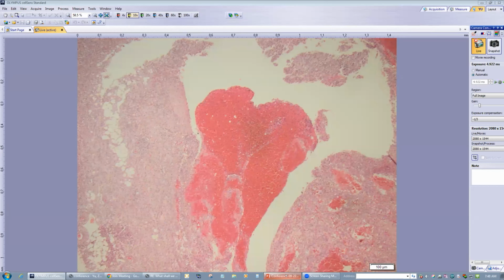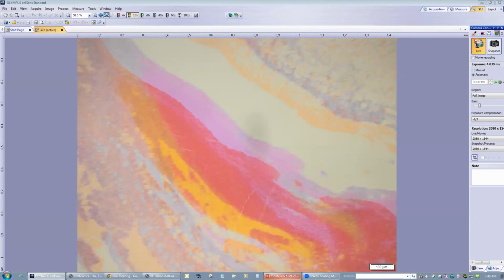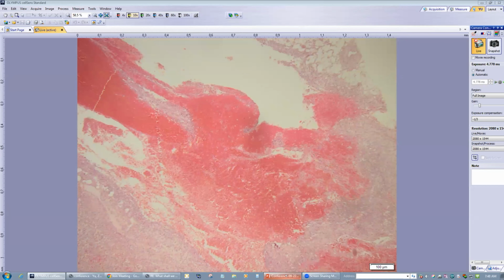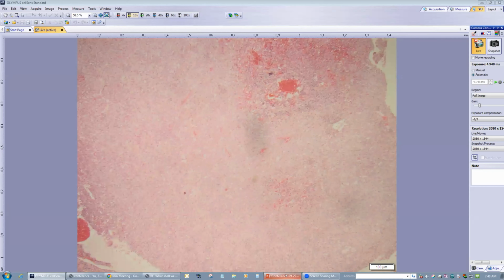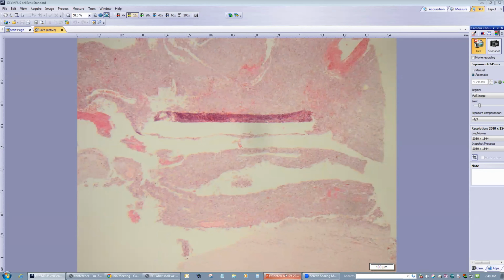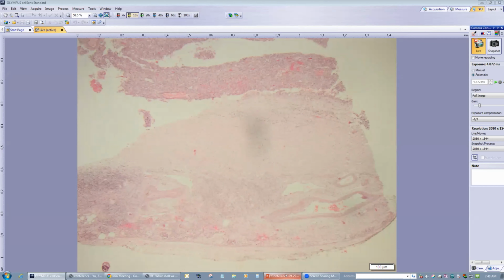Here, the hemorrhage jumps to your eye. Lots of hemorrhage. Look, that's a little residual kidney here, and that's the tumor.